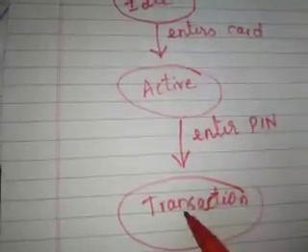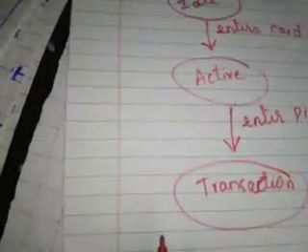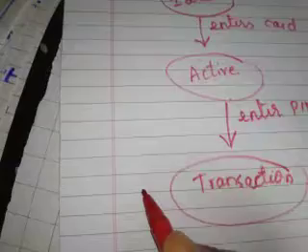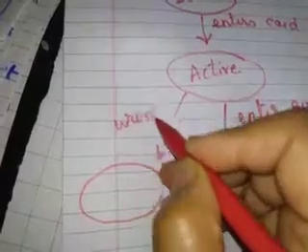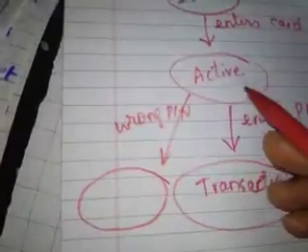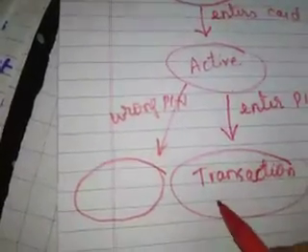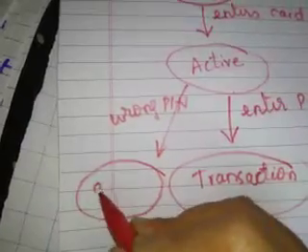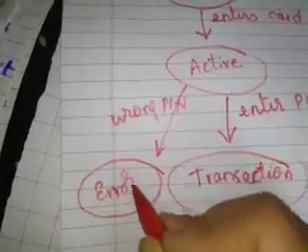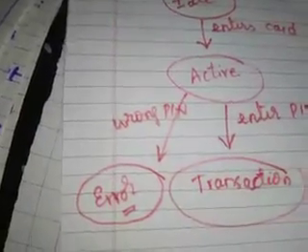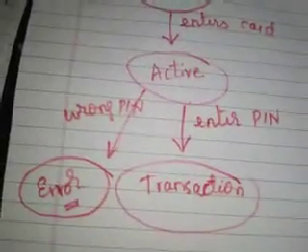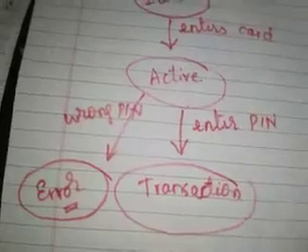So you should think about whether you have missed any of the states, or whether some error has occurred. Yes, an error might have occurred. That is, you might have entered a wrong pin. That's why there was no transition from the active to the transaction state, right? So you should add an error state which will handle that situation. Otherwise, similarly, if we might have missed some of the states, then you should add them.